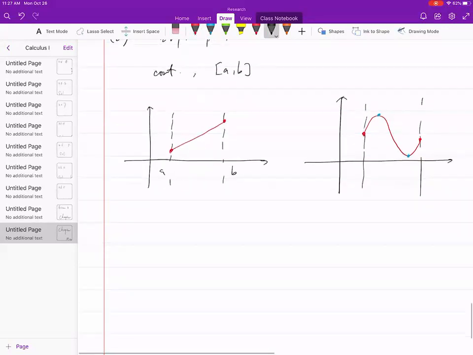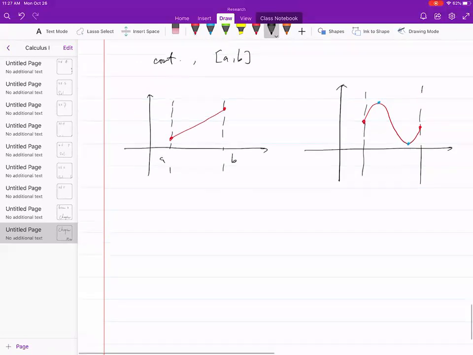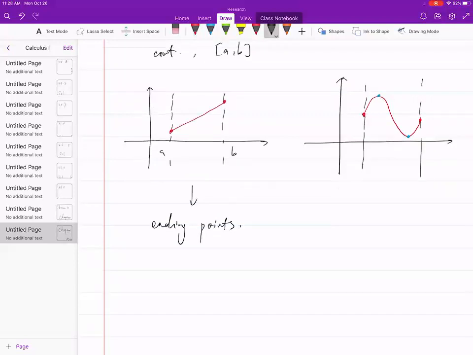Then that gives us a hint. I don't know who is the maximum or minimum, but I do know who are the possible candidates. Okay, if it's this case, the candidates will be the ending points. If it's this case, the candidate will be this kind of point.